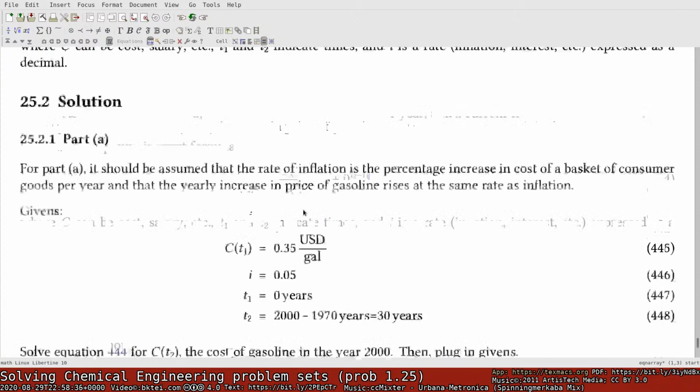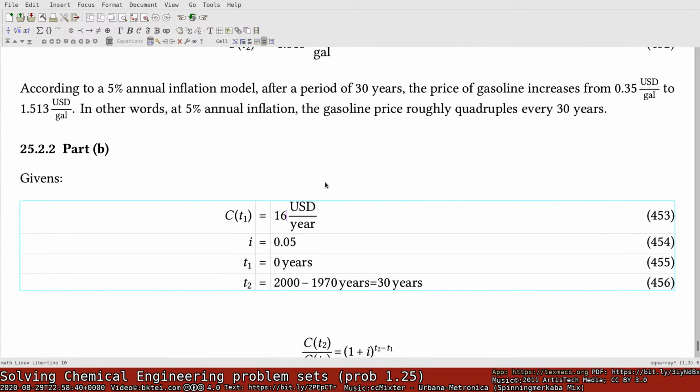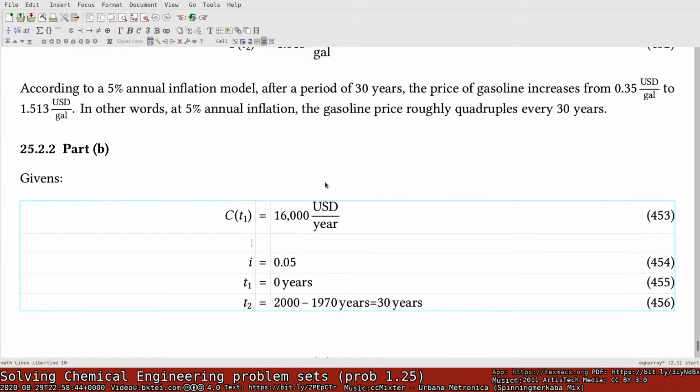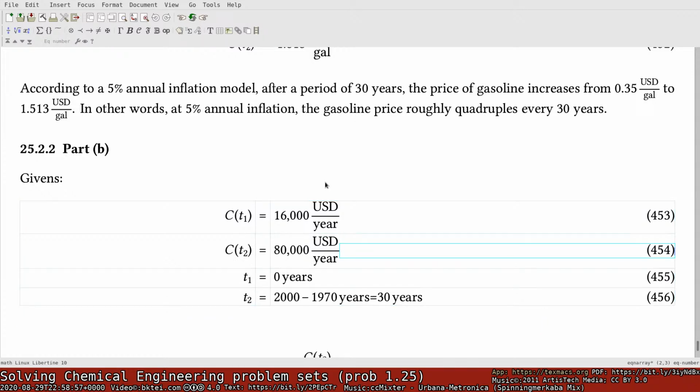And what was that rate? 16,000 to 80,000. So 16,000 is that. CT2 equals 80,000. And I, we don't know, so that's what we're trying to find out.